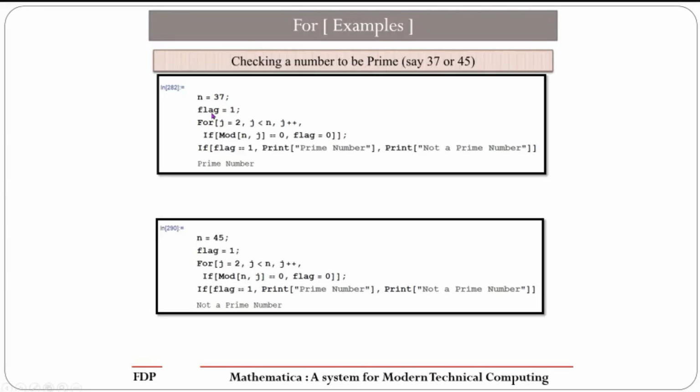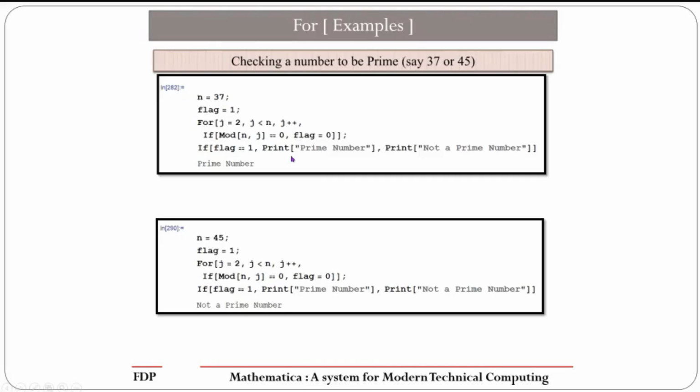So what my flagging work is, I am telling that flag is 1, meaning in the starting I am considering this number as prime, but if it is divisible by any number between 2 to n minus 1, that means this number is not prime, and the flag will go down. That means if flag is 1, then the prime number will occur. If it has been changed somewhere in this loop, then the answer will be not a prime number. So basically this is the concept of how we use flagging, right?